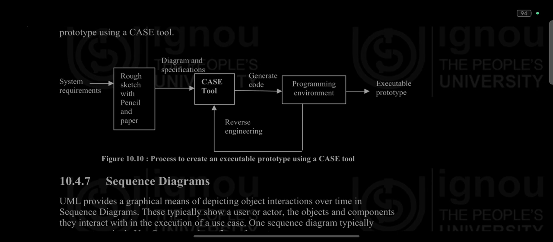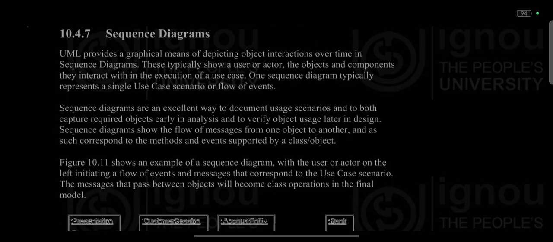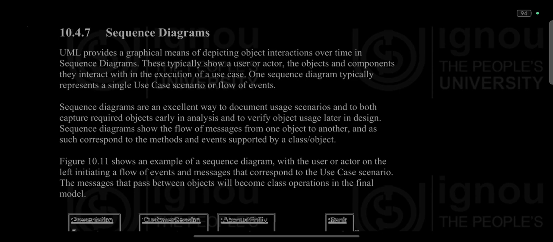Then comes sequence diagrams. UML provides a graphical means of depicting object interactions over time in sequence diagrams. These typically show a user or actor, and the objects and components they interact with in the execution of a use case.